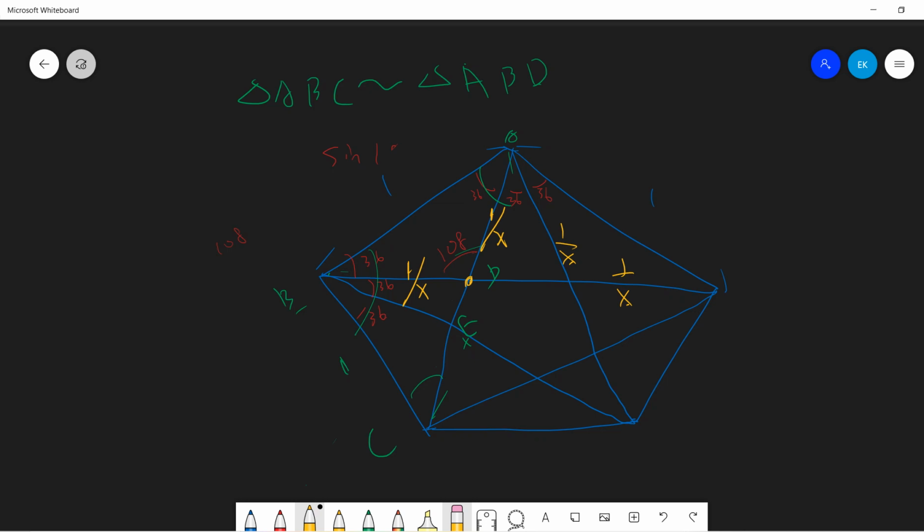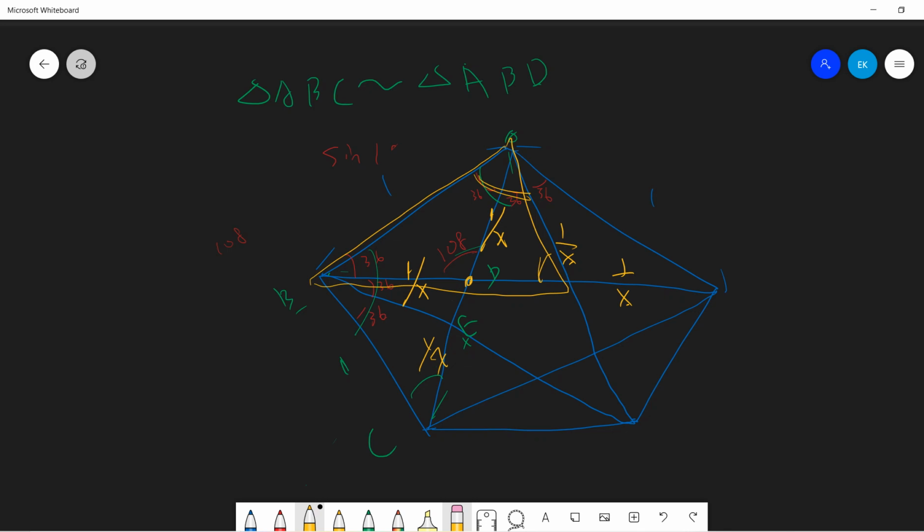So finally, let's see whether we can get an answer. Now this is 1 over x, and then the total is x. So these two are 1 over x. And you see here, these are 72, so these are equilateral.